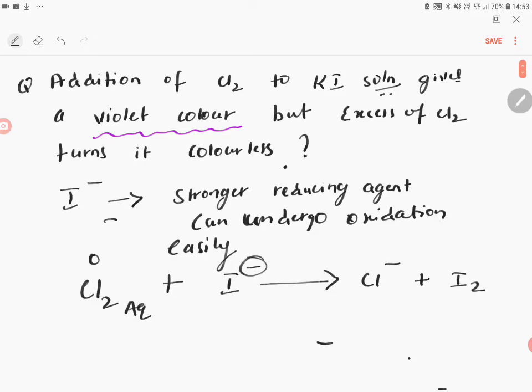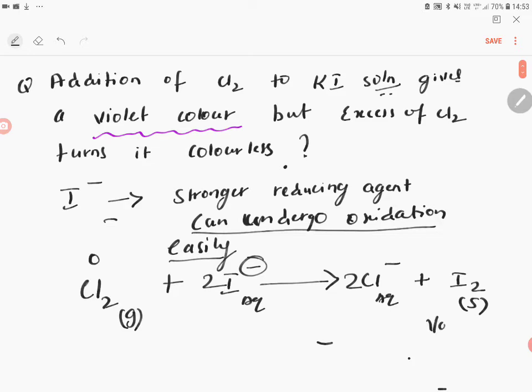Of course, a strong reducing agent can undergo oxidation easily. Now, balancing this, you will get violet color. The violet color is due to the presence of iodine, right?